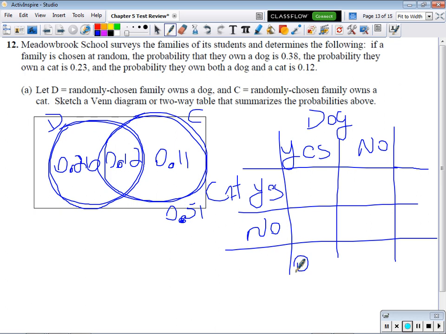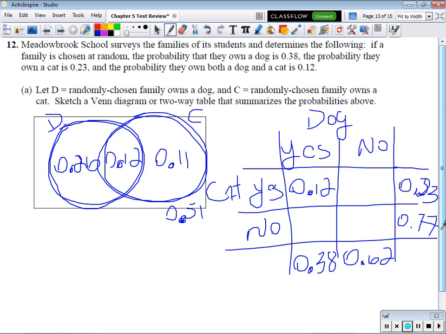So this would be 0.38 here, and then 23% of people own a cat, that goes here, 0.23, and then you have the 12% that own both, so that goes here. So I got to fill that in first. Well, if 38% of people own a dog, that means that 62% do not, so that would go here. And then if 23% own a cat, that means that 77% do not.